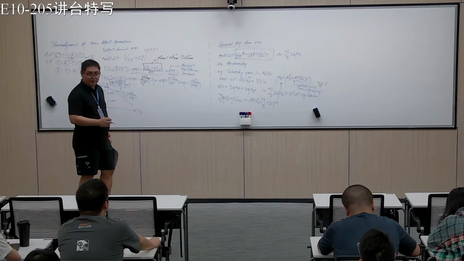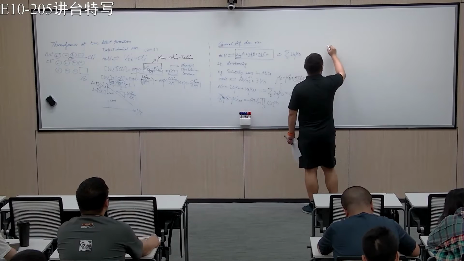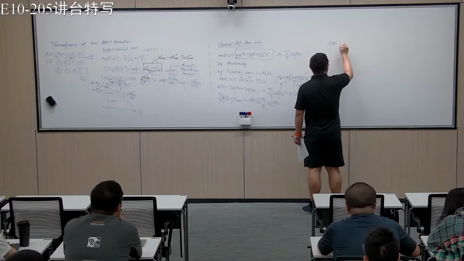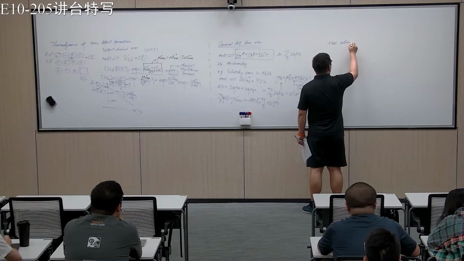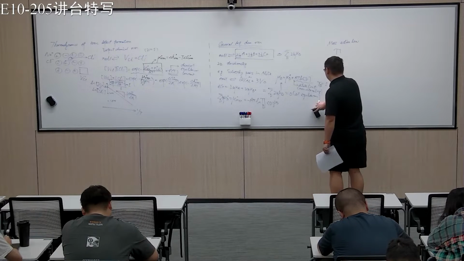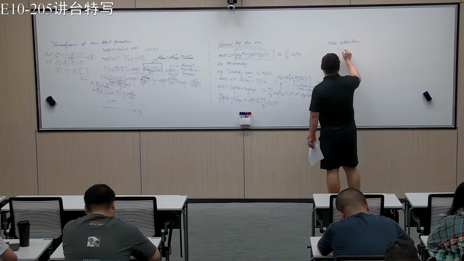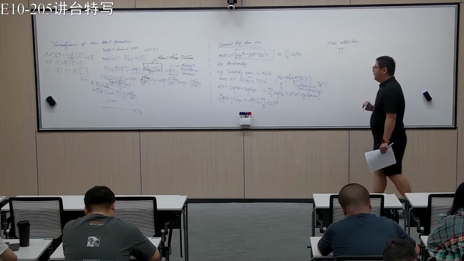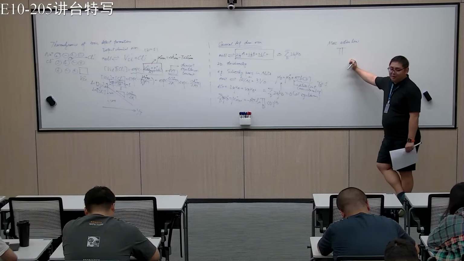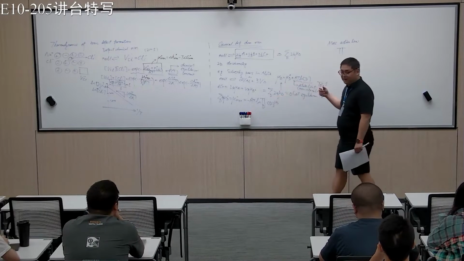Right? No problem. So finally, what we have is so-called a mass action law. So this actually should be, let me write it more formally. So this big pi means that we multiply everything together. It's basically just like a summation number.